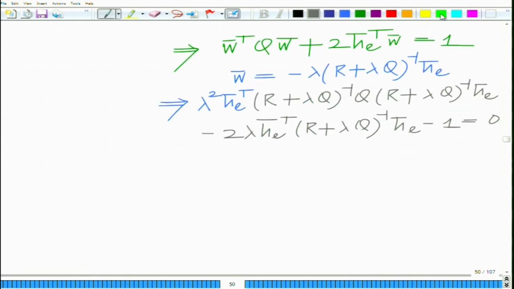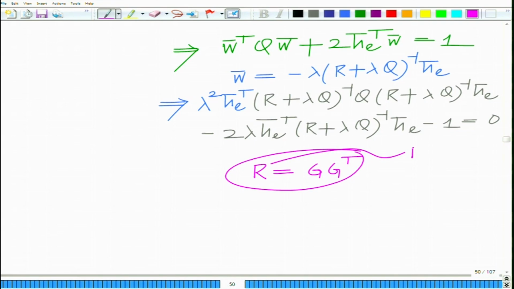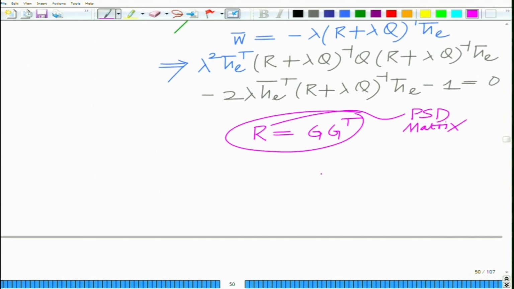Now what we are going to do is substitute R equals G G transpose. Remember, R is the noise plus interference covariance matrix. So G G transpose is a decomposition. Every positive semi-definite matrix, because this is a covariance matrix, so this is a PSD matrix, can be decomposed as some matrix G times G transpose.